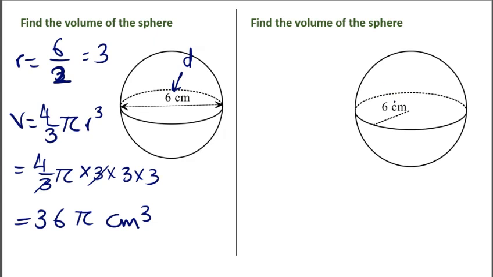The next one, calculate it and check. Now 6 is a radius, not a diameter. So the radius is ready.